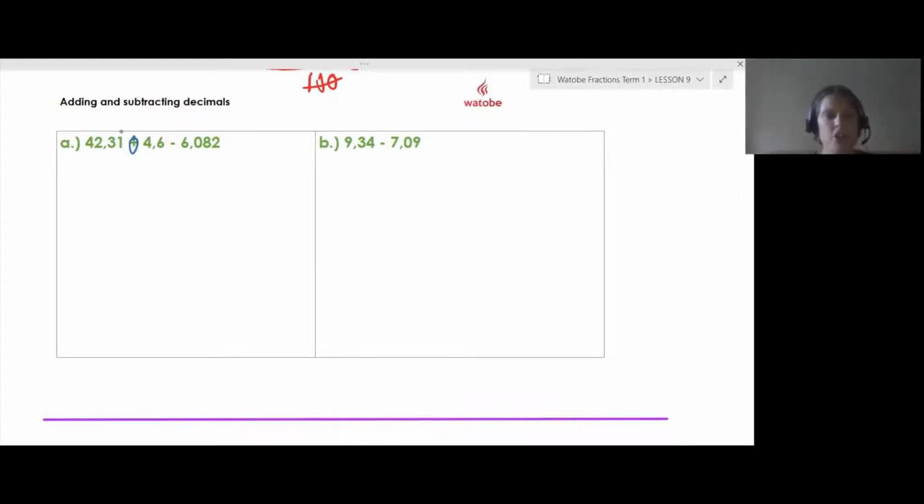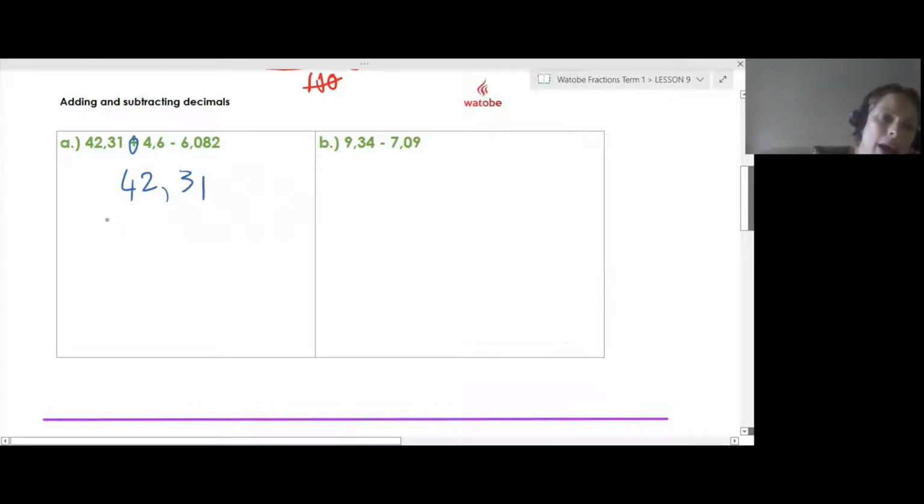Okay, so first we have to add, then we must subtract, because the adding comes first. So we have 42,31 plus 4,6. And then because I don't like having an empty space, I just stick a 0 under the 1, because the 0 at the end with a decimal doesn't matter. It means the same thing.